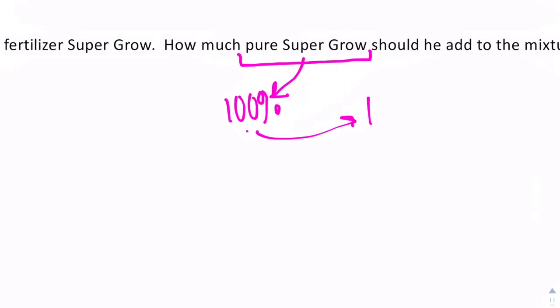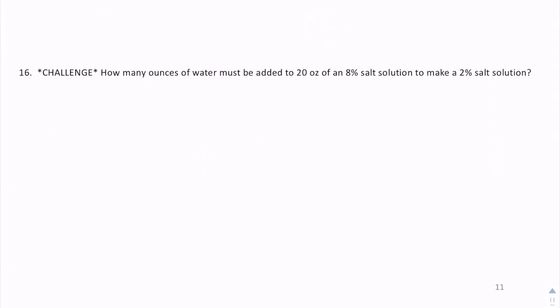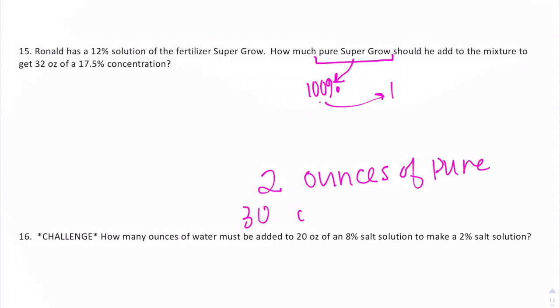So one of the coefficients for one of the variables in one of the equations is going to be 1. That's my hint for that one. The answer should be, I believe, 2 ounces of pure and 30 ounces of the 12%.